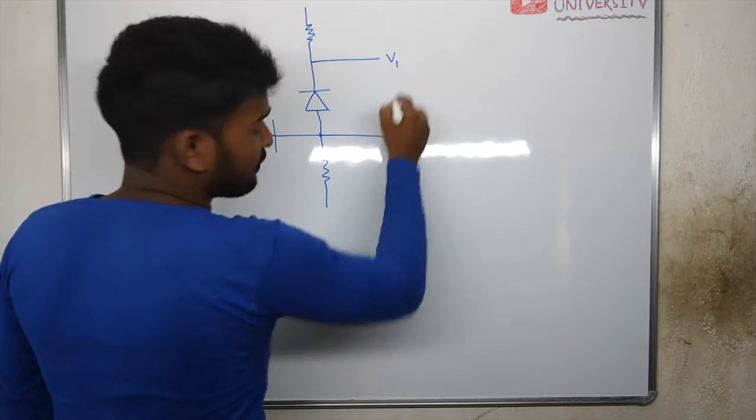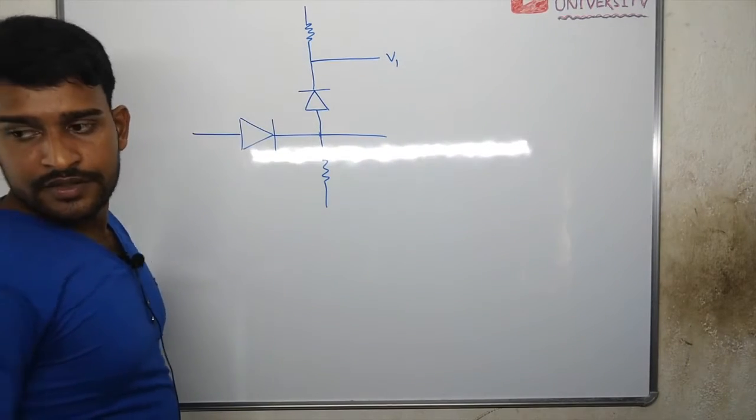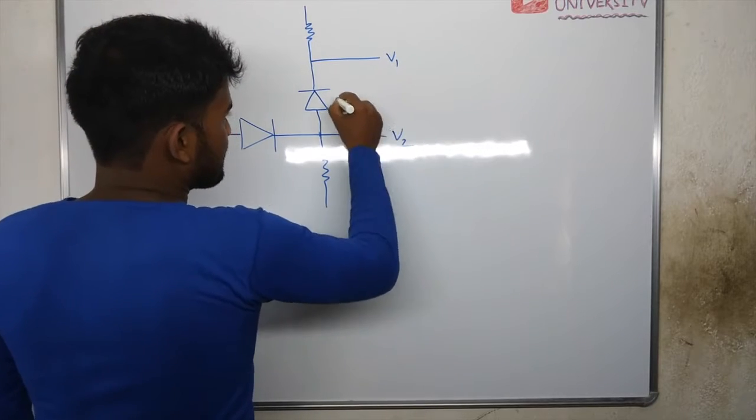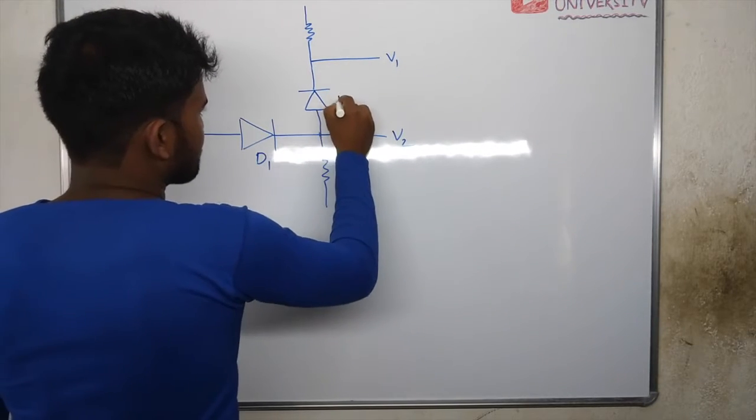This is your V1 and this is V2. This is D1 and this is D2.